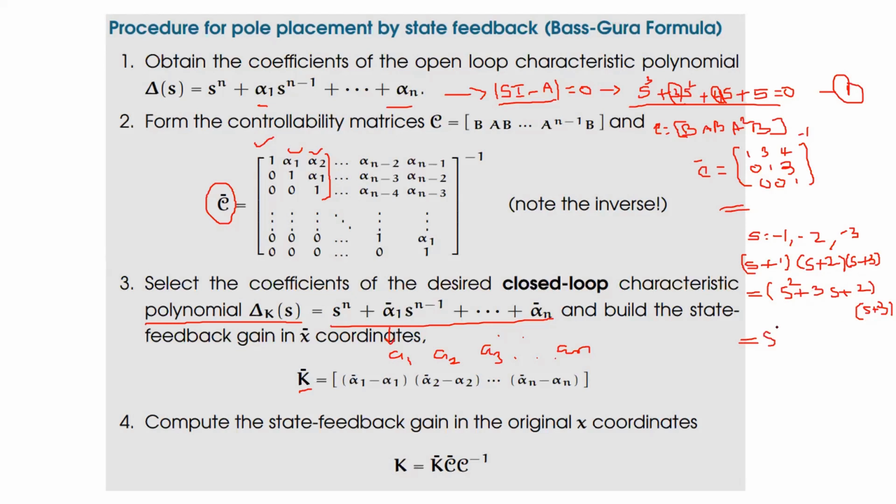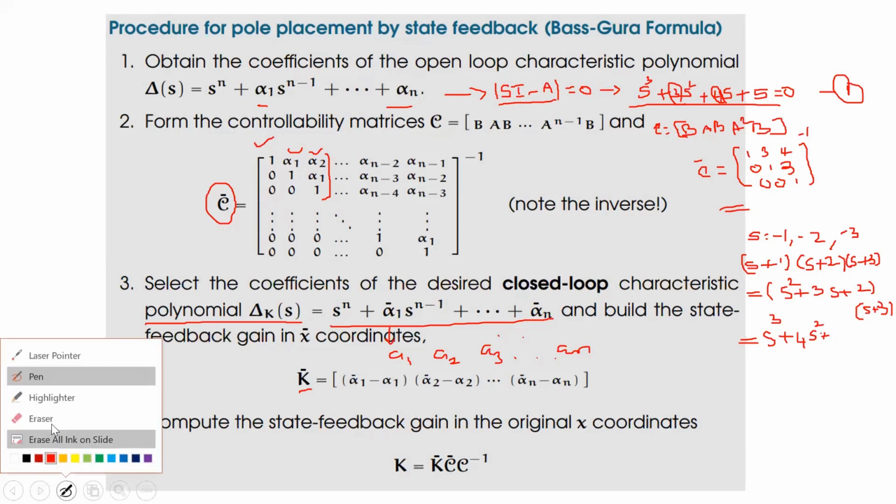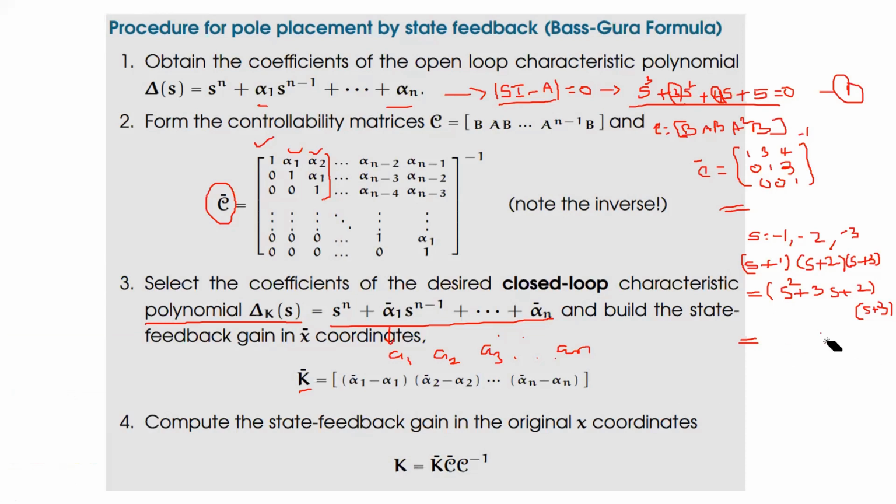What is the value now? s cube, next one is 3s square, and there is already 1 s square, therefore it gives 4s square. Standard multiplication, then only you can understand.